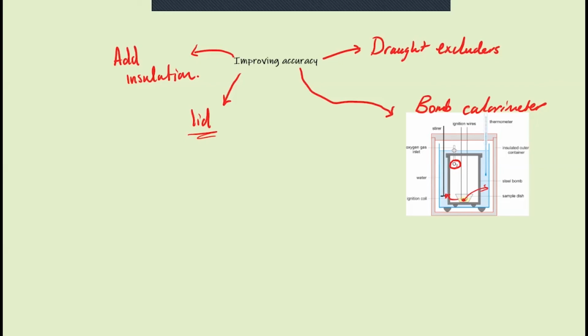But all in all, the main thing is to understand a bomb calorimeter is a specialized piece of equipment which reduces heat loss and can get very accurate energy changes or enthalpy changes. Okay, so this is something really worth remembering. Make sure you learn the things we've written around improving accuracy, make sure you know them.